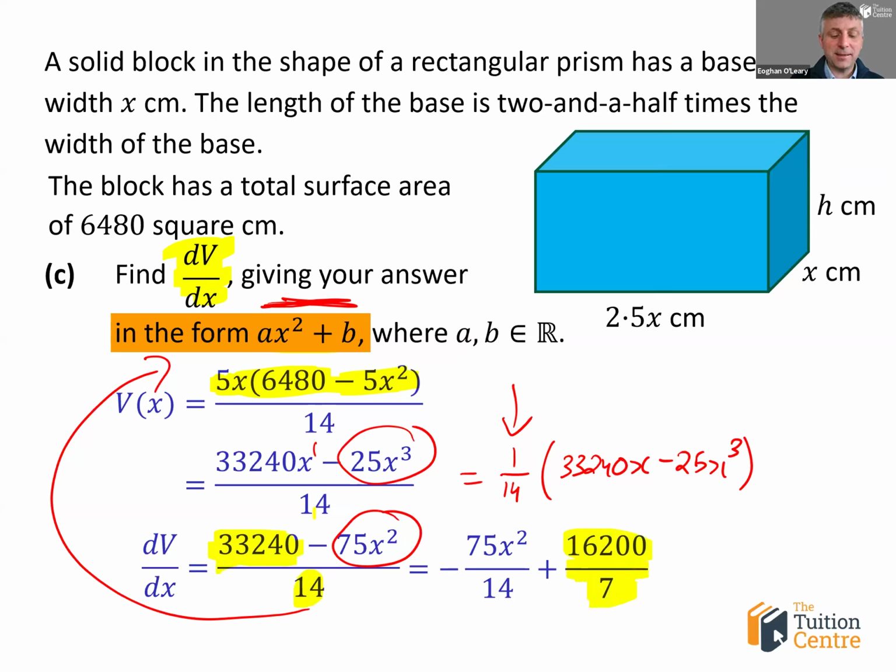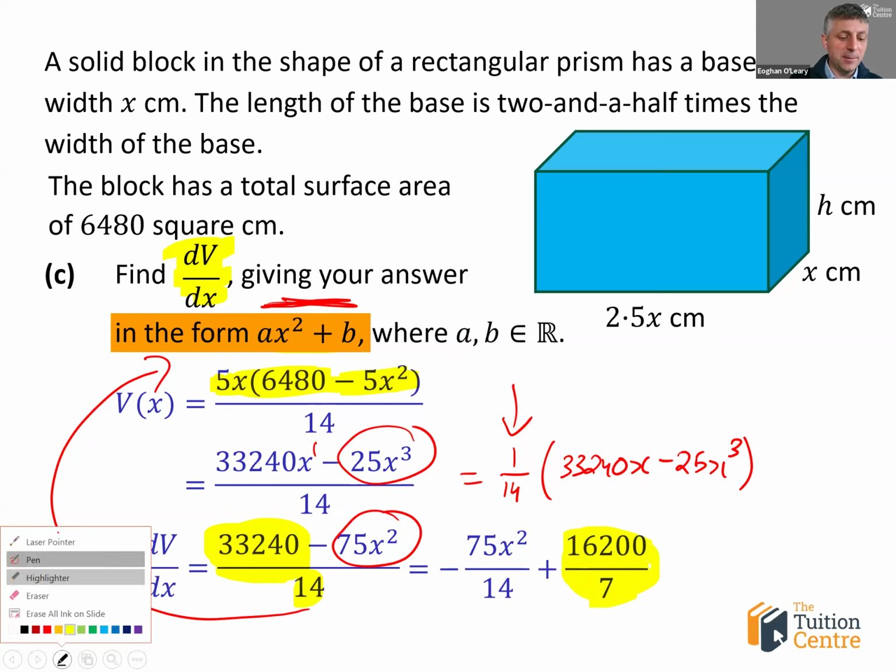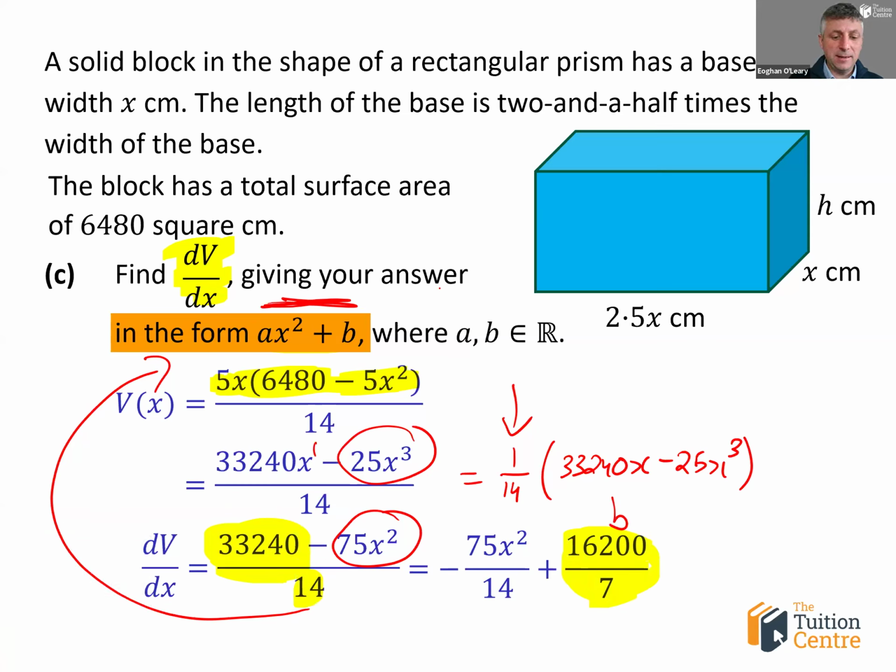So if you didn't get that and you weren't quite sure, you could just do that in your calculator again. 32,240 divided by 14 will simplify down to that. That is the b in what we're directed towards finding. When I divide the 14 into 75x squared and the minus 75x squared, nothing changes there.